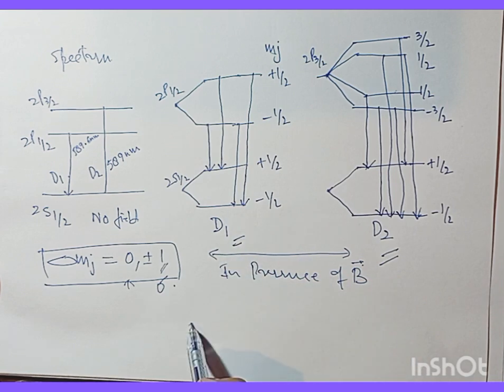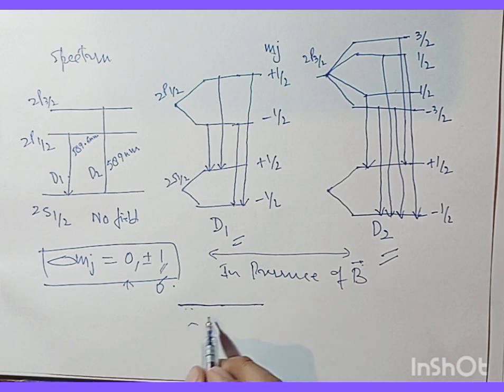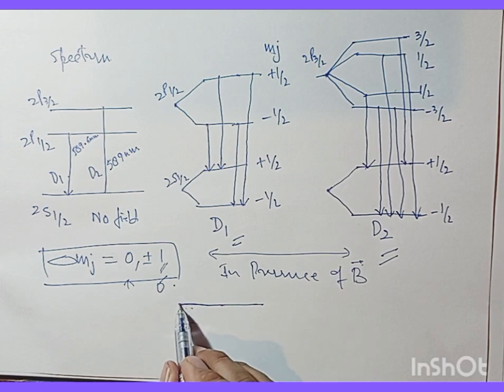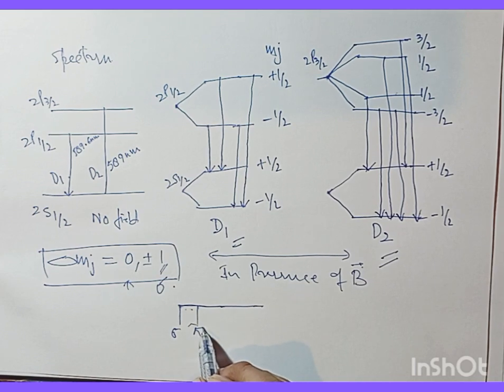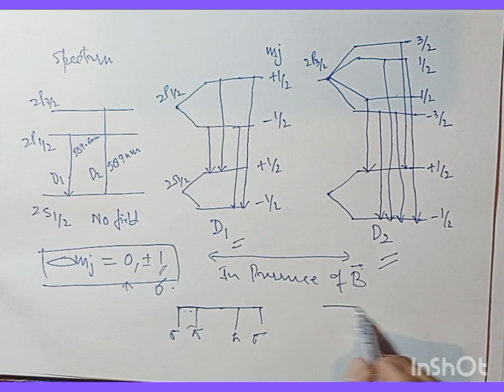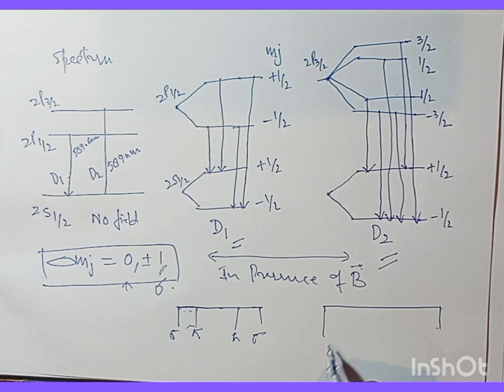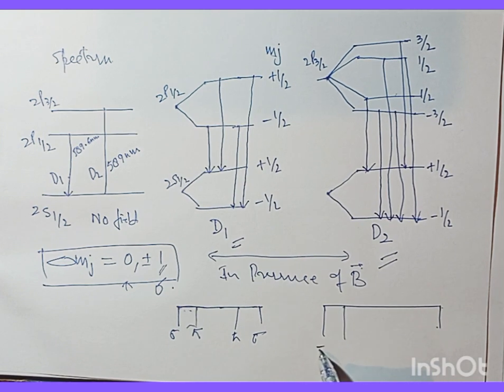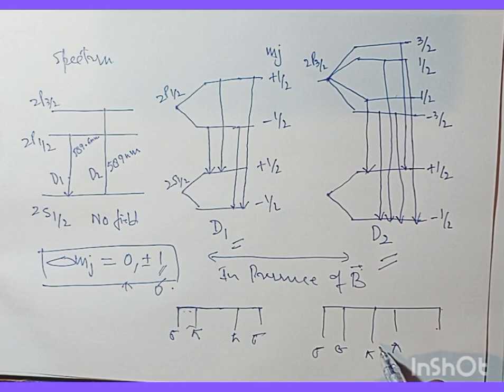For the D1 line, in the spectrum we finally obtain four components: sigma, pi, pi, and sigma. And for the D2 line, we have sigma, pi, sigma, and sigma.